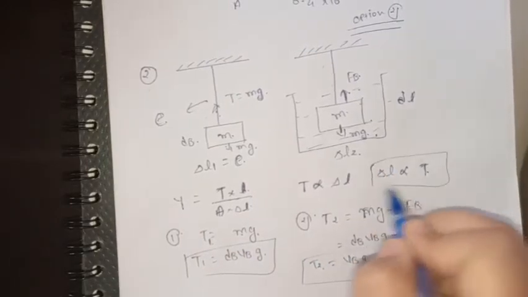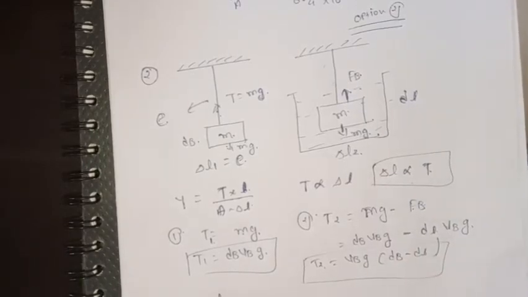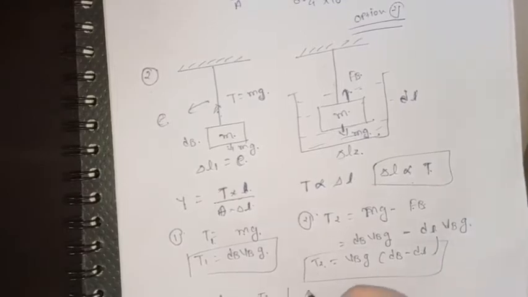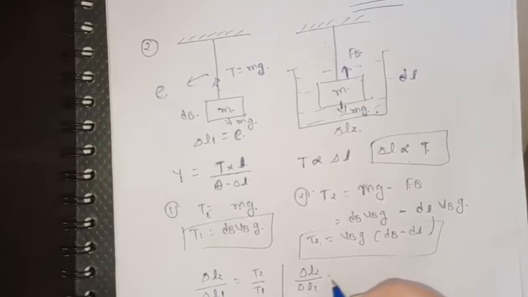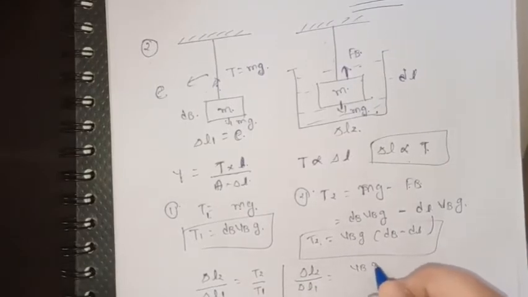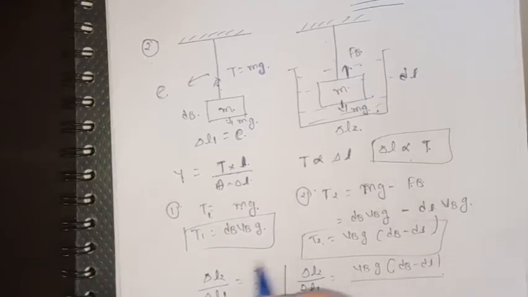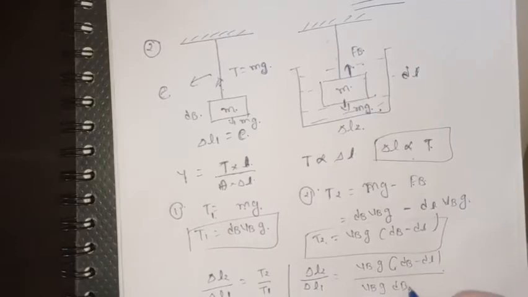Now from this we can write delta L2 by delta L1 is equals to T2 by T1. So delta L2 divided by delta L1 is equals to T2, that is Vbg into dB minus dl, divided by T1, that is Vbg into dB.